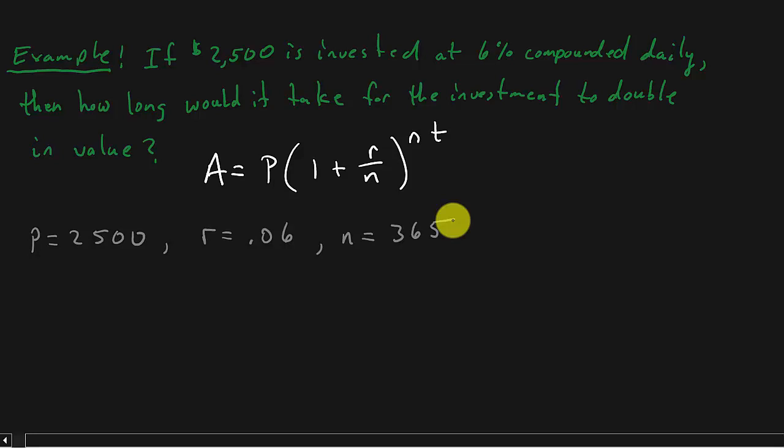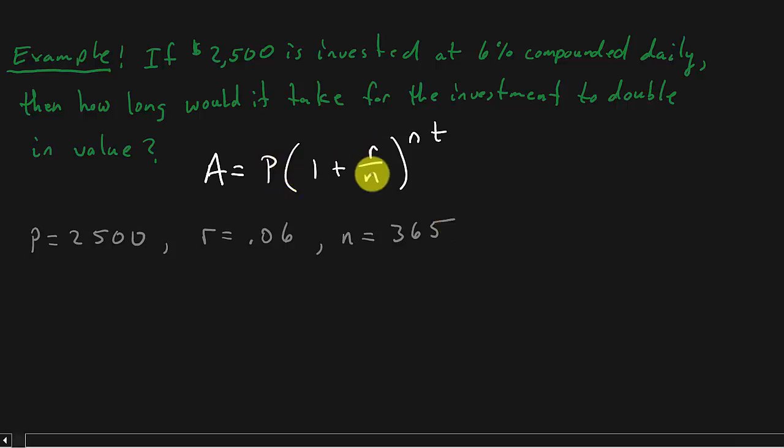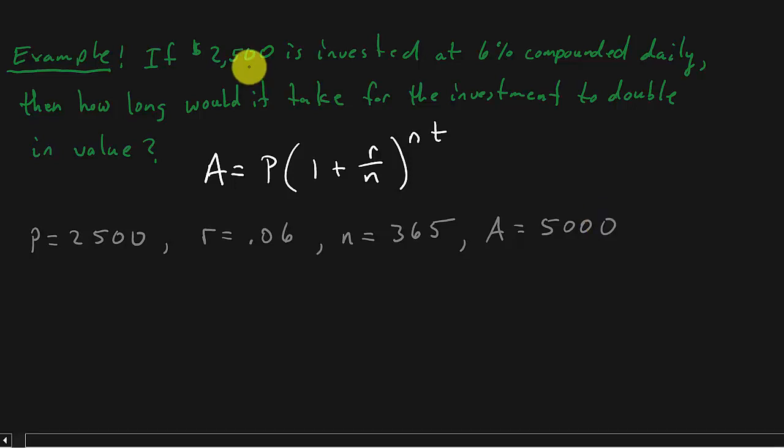Now, I've got something to plug in for P, R, and N, and I'm solving for T, so I need to know what A is. Well, in this problem, A is what? 5,000. Well, it doesn't tell me that it's 5,000, does it? But how do I know it's 5,000? Well, you invest 2,500.